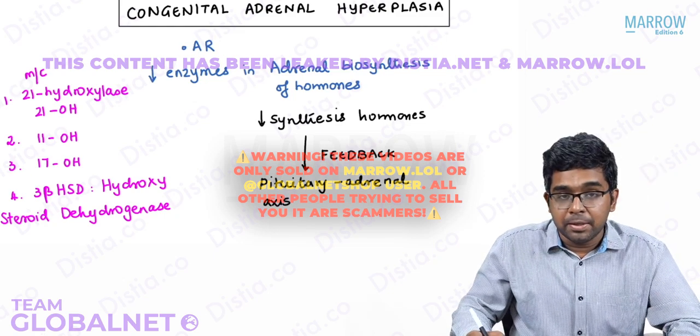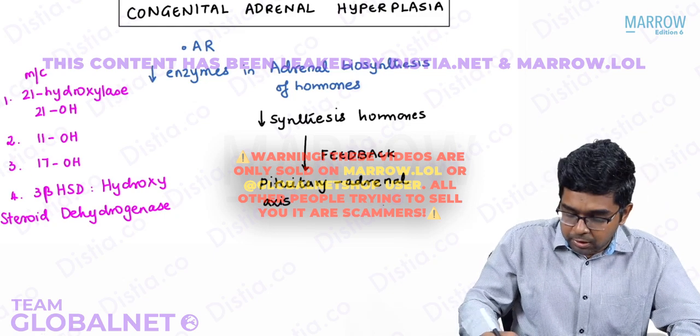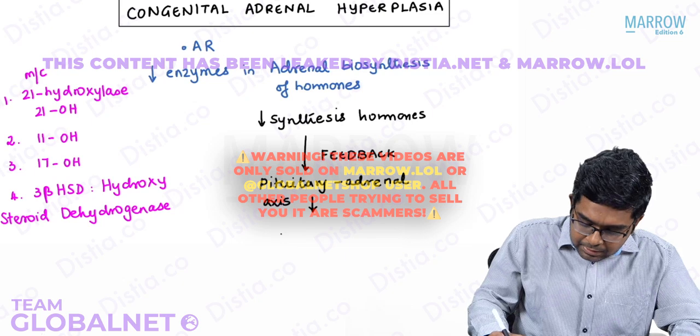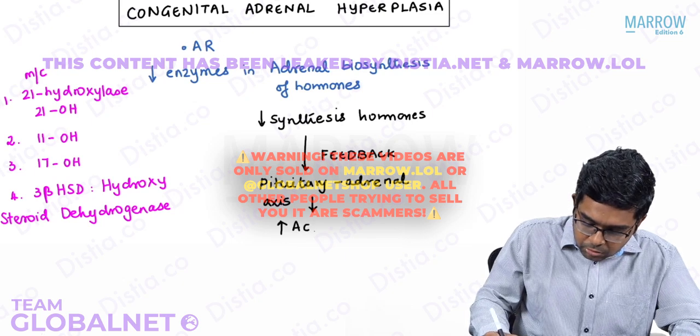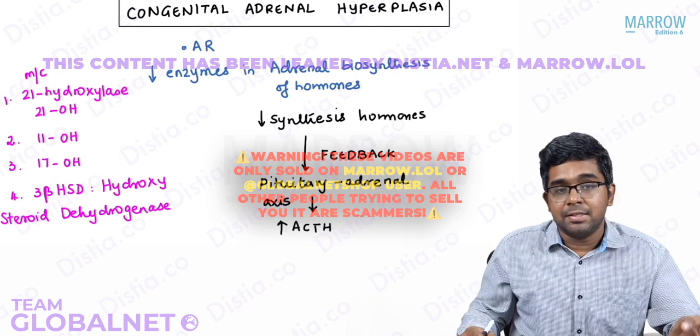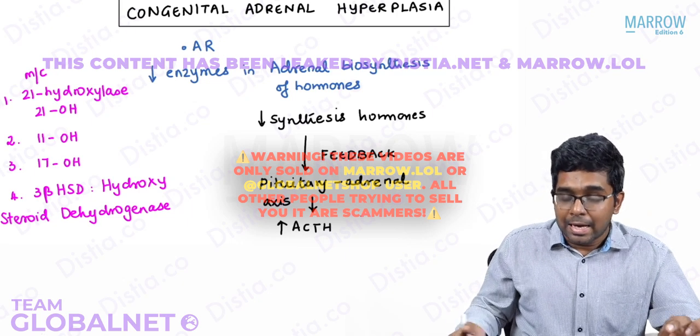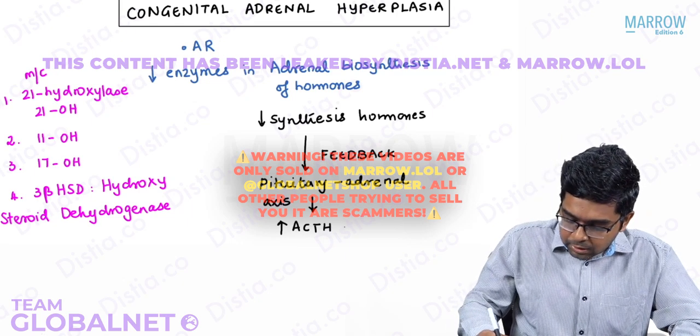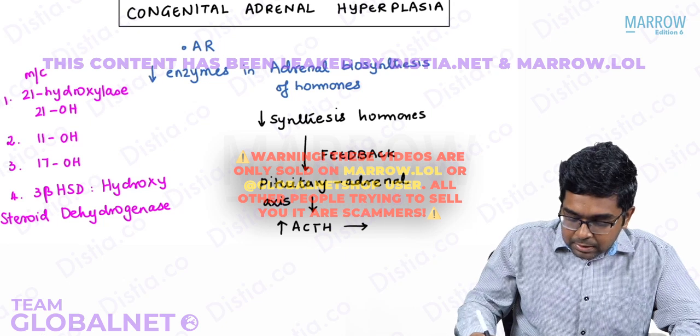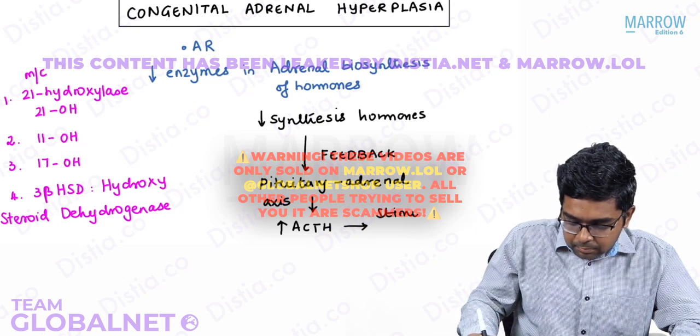So what is going to happen? The pituitary is going to respond by increasing the levels of ACTH, or increased release of ACTH from the pituitary occurs. And this ACTH will go to the adrenal gland and cause stimulation of the adrenal gland.